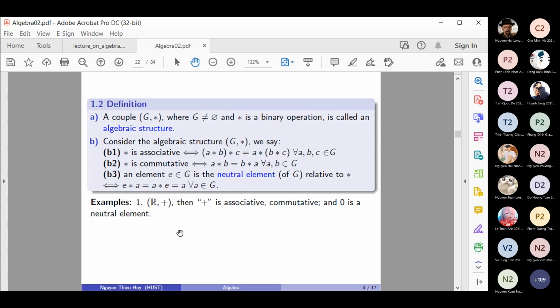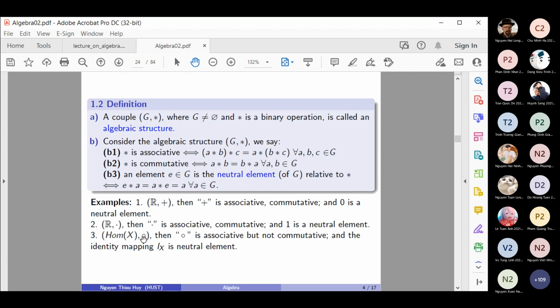So example 1 is as we already had. R with addition is associative, commutative, and the number 0 is the neutral element. Clear? R with multiplication is also associative, commutative, and the number 1 is the neutral element. And Hom(X) with composition is associative but not commutative. So we have to pay attention a little bit.